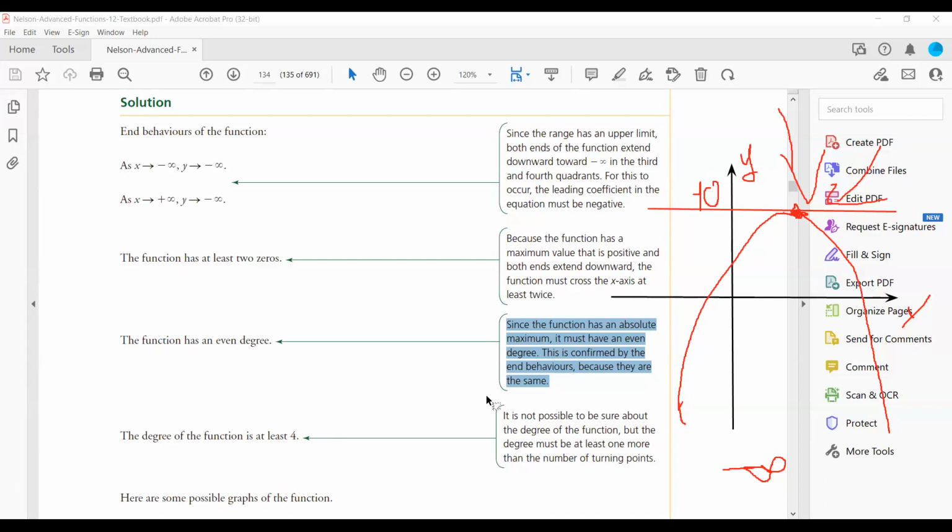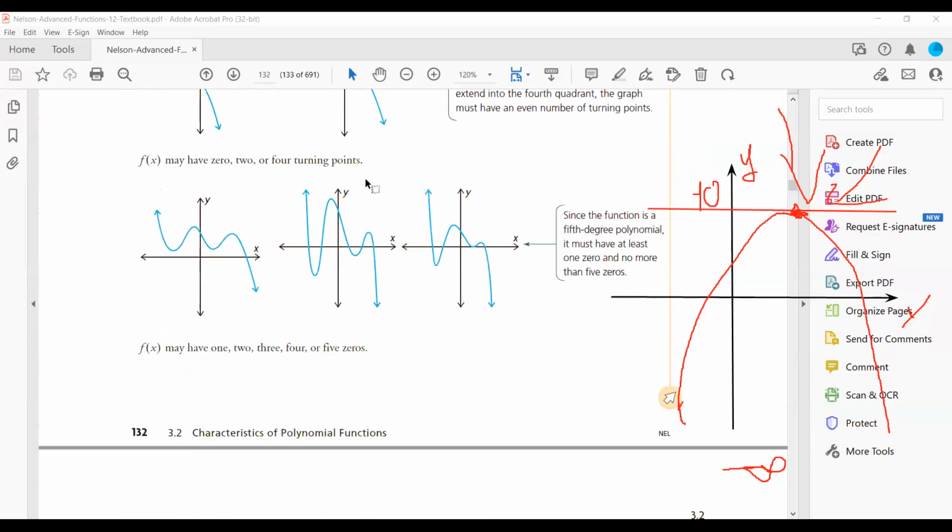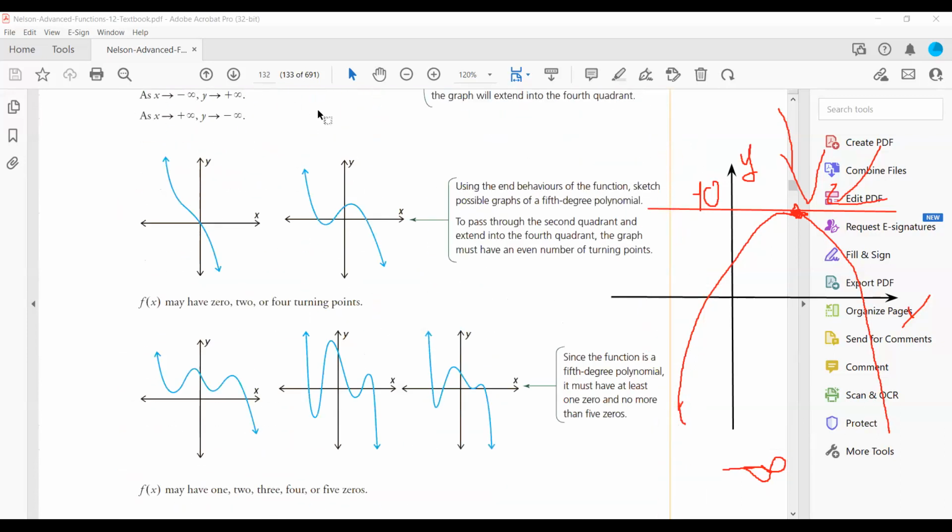So let's talk about their statement that the degree must be at least one more than the number of turning points. As we discovered with a quintic function, which is a polynomial function of 5th degree, just recently over here, this polynomial function has degree 5. And considering that, it can have up to 5 zeros, from 1 to 5 zeros.